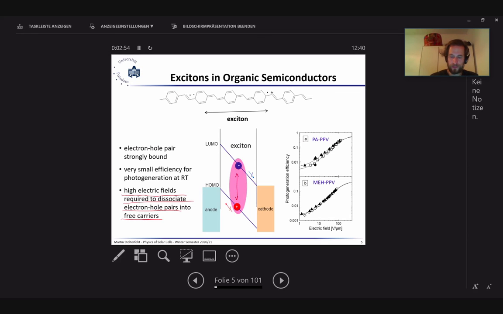And for some neat materials, so hole-only devices, or electron-only, these show a strong field dependence of photogeneration.